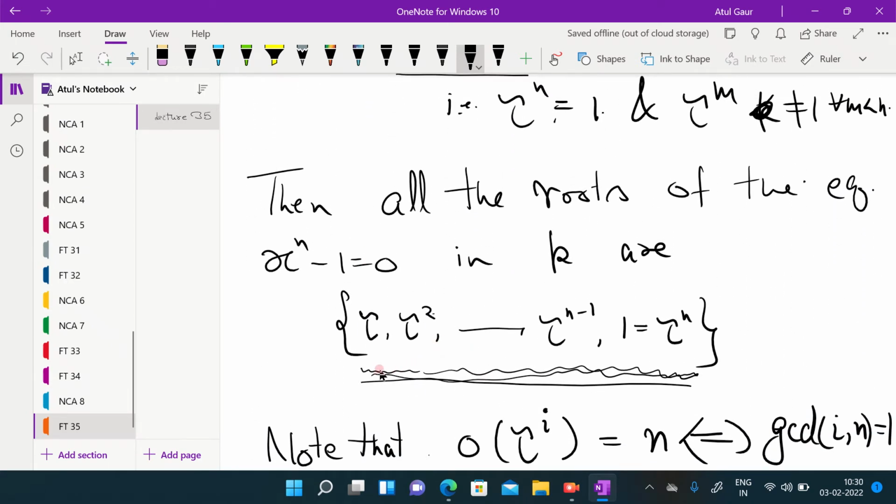So their multiplicative order being n is not necessary for all of these. Yes, they are satisfying the equation x power n equals 1. So that means tau power i power n is 1 doesn't mean that the order of tau power i is n. It simply means the order of tau power i divides n, right? So how many elements here will be the primitive nth root of unity?